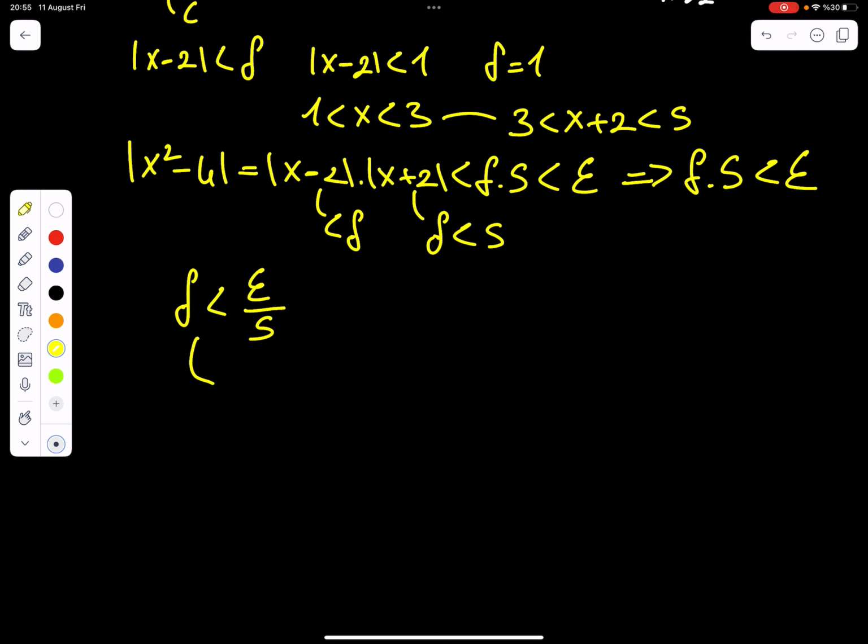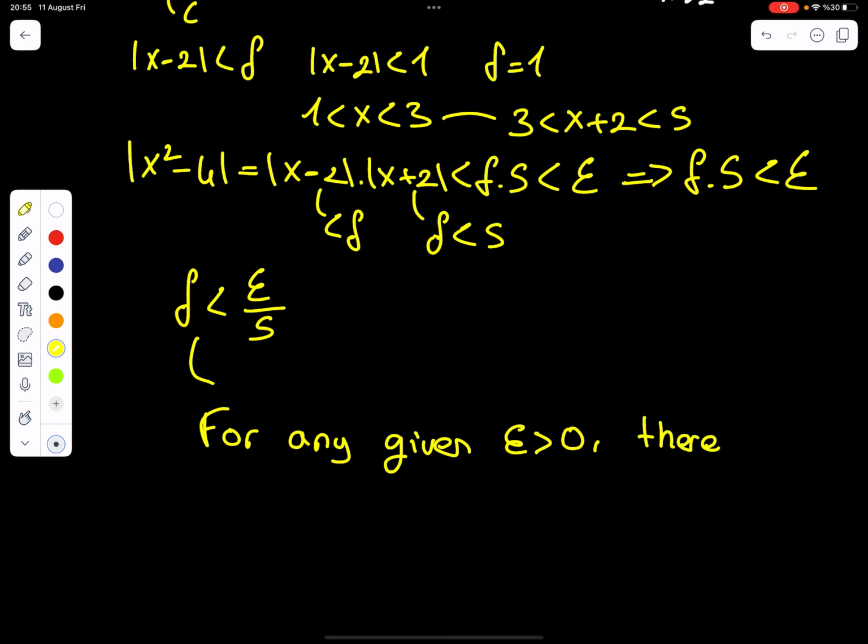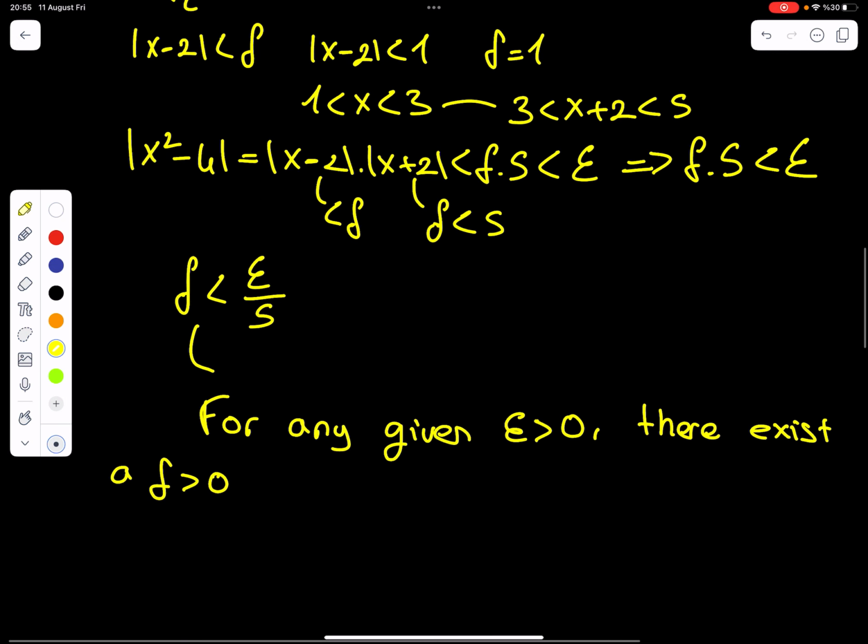Now what this means is, for any given epsilon greater than 0, there exists a delta greater than 0. Sorry, I cannot write delta, I don't know why.